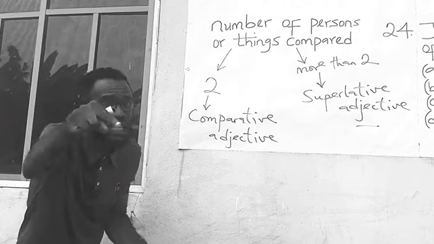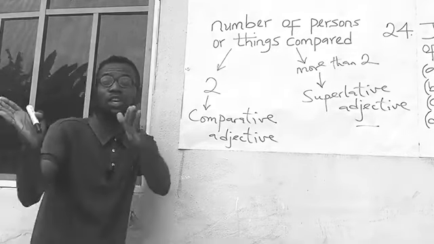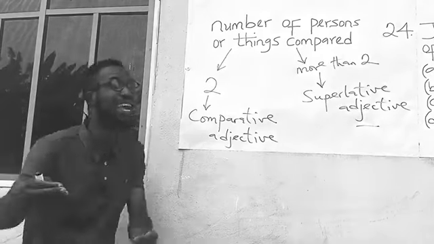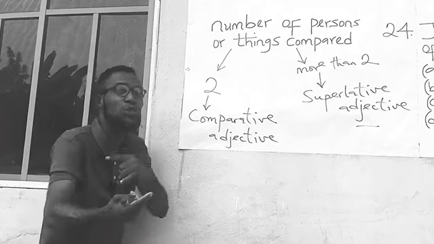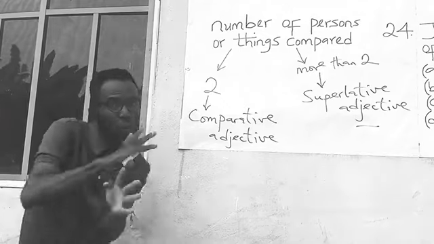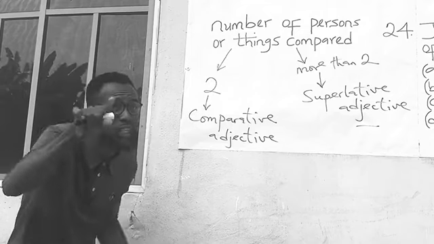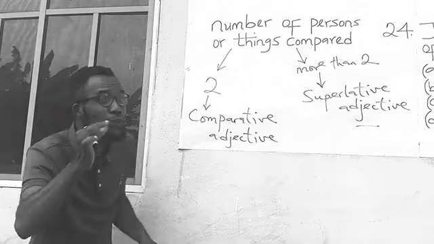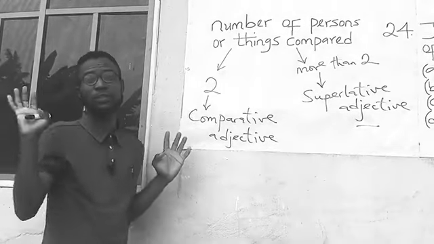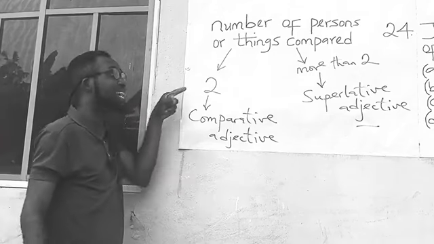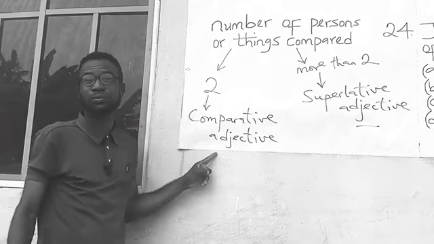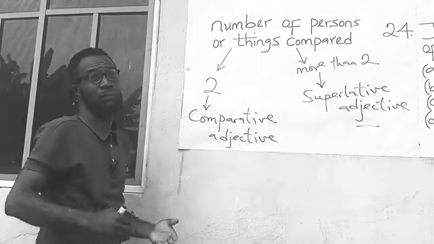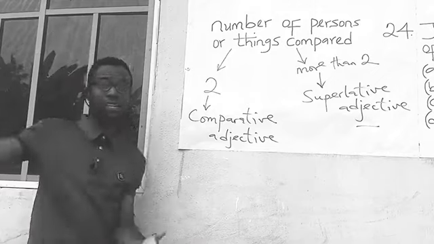There will be something in the question, either a phrase or a word, that will give you a clue as to the number compared. If the number compared is exactly 2, choose a comparative adjective. But if the number compared in the question is more than 2, that is 3, 4, 5, etc., then choose a superlative adjective.